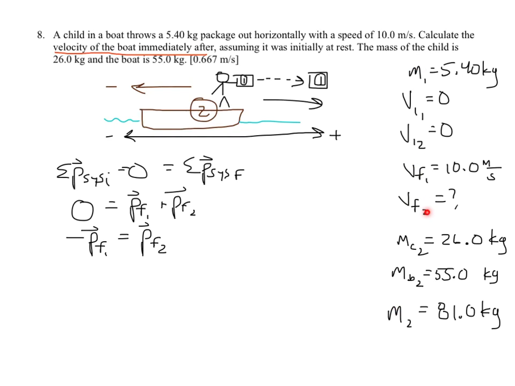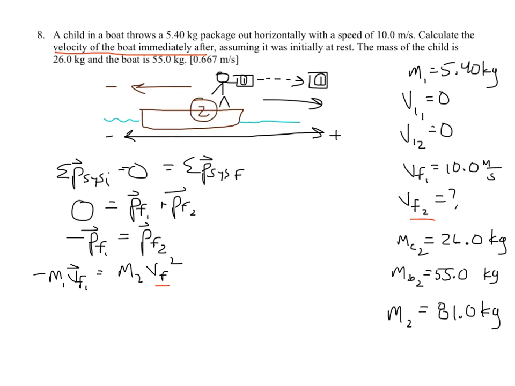Let's expand these out here. So we have negative mass 1, final velocity of 1, equals mass 2, the whole boat-child system, times final velocity 2. We're solving for that final velocity of 2 right there.